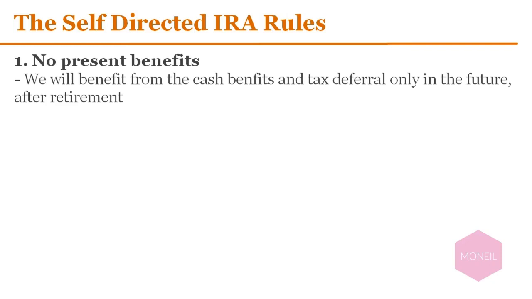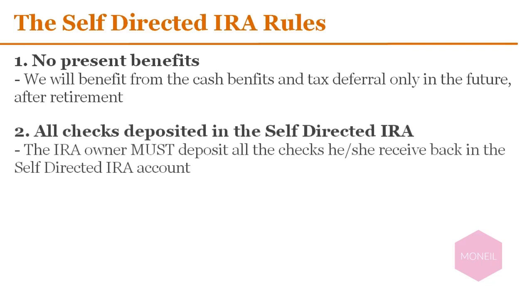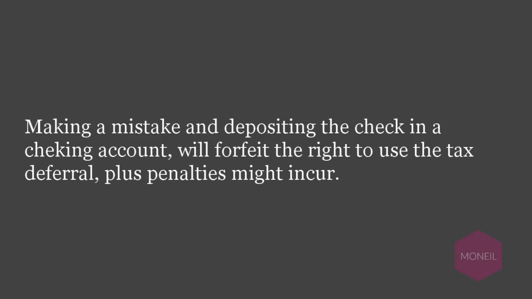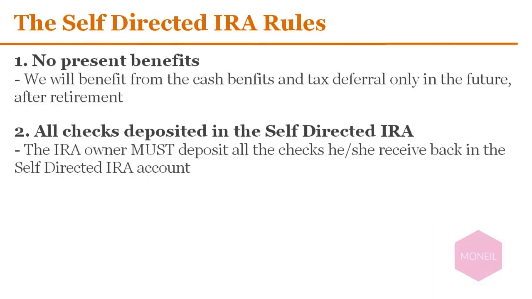If it is the money we use from the self-directed IRAs, investments into real estate, we have to really keep that in mind. So a very important rule is that all cash flow checks need to be deposited back into the self-directed IRA funds. Even if the investor by mistake deposits one check in their checking account, that forfeits them to use the IRA deferred capital gains and cash flows, because they are not supposed to deposit these checks, cash flow checks, quarterly checks like we send out.